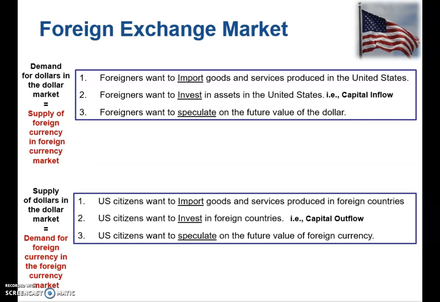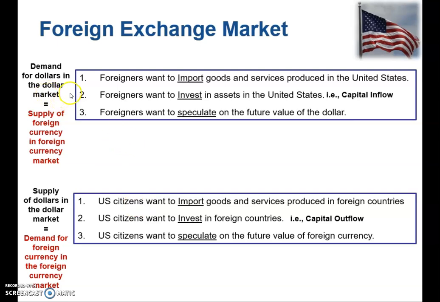Now let's shift gears and take a look at the reason that these foreign exchange markets exist. You already know that when there's a demand for dollars in the market for dollars, there is a supply of foreign currency in the foreign currency market.